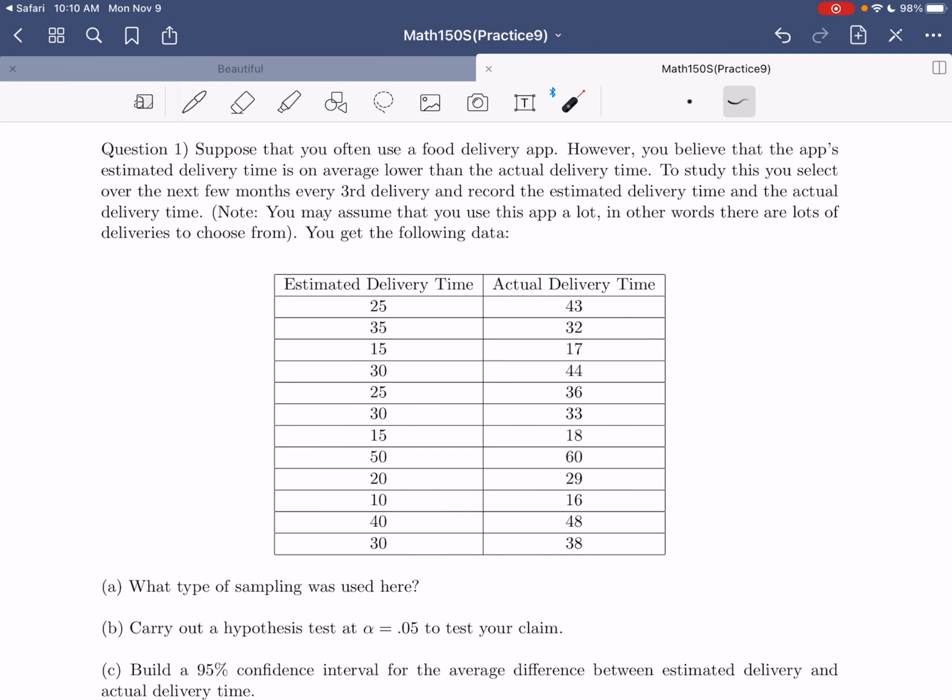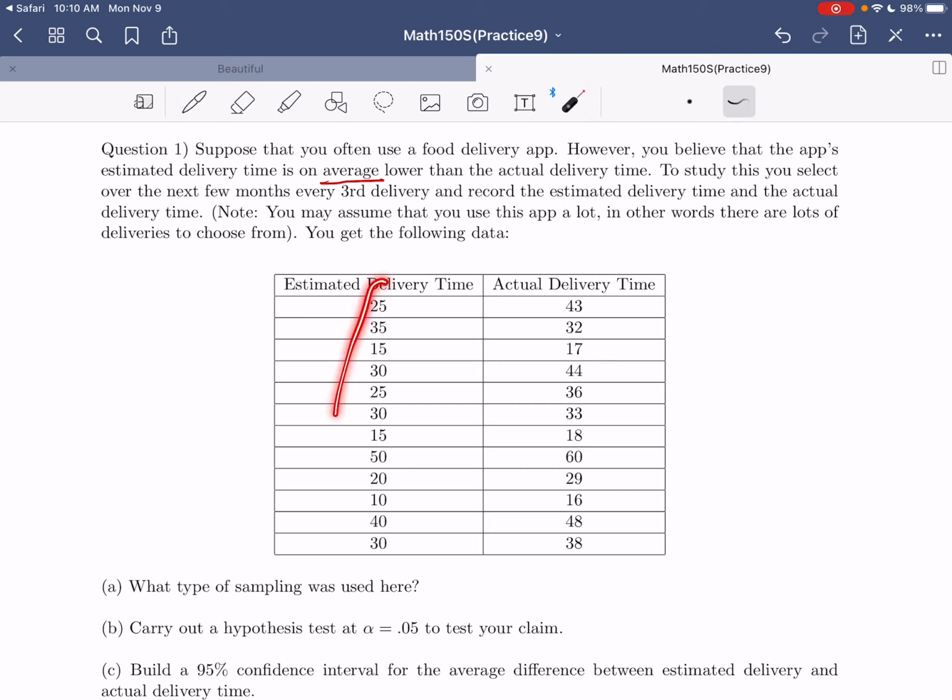All right, with that in mind, let's go ahead and look at this. So we're saying that we suppose that we often use a food delivery app. And we believe that the app's estimated delivery time is on average lower than the actual delivery time. Now, that right in there tells us something important. We're seeing this mention of on average. That tells us we're working with quantitative data.